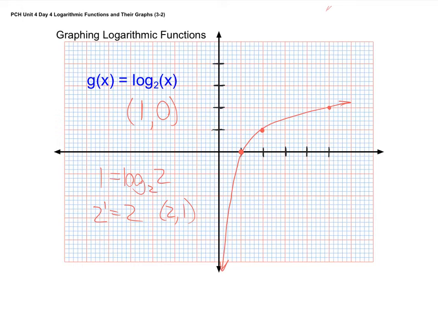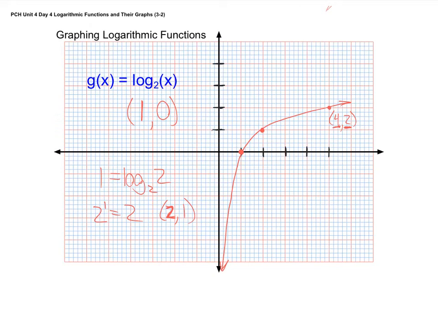Are we always going to be doing 1 and 0, trying to find what exponent gets 1 and 0? Well, that's the easiest way to do it because it's always going to be 1, 0, and it's always going to be whatever the base is, 1. Yeah. And anything like 2 raised to the first power is 2. And that's why here we have the point 4, 2, because 2 to the second power is 4.